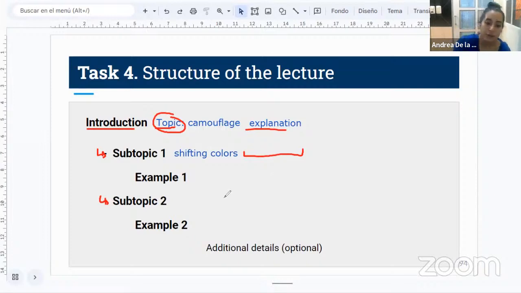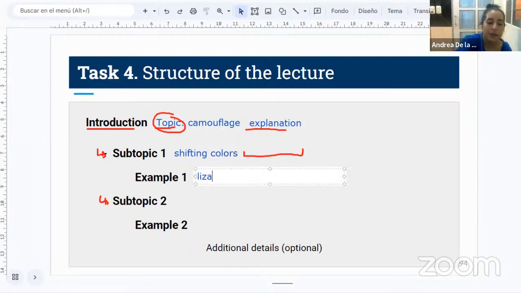And finally, to complete the subtopic, you will get an example. So each subtopic has its own example. So if we're talking about animals that are able to shift colors, maybe we could talk about a lizard, maybe one specific type of lizard that's able to do this. So the professor will mention this animal specifically, right?